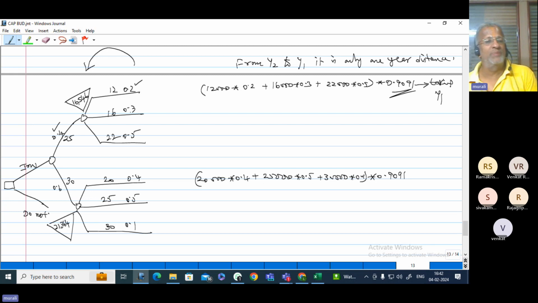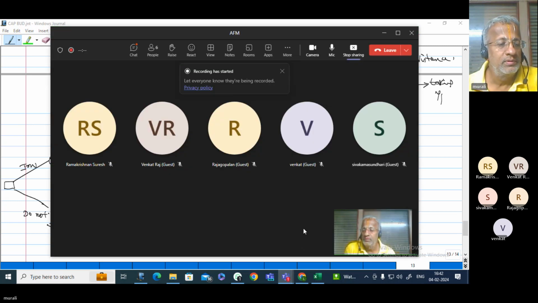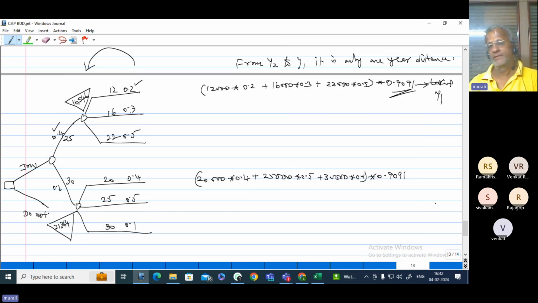Please confirm this. All of you. Ramakrishnan, Venkatraj, Rajagopalan, Venkat, and Shivagama Sundari. Please just confirm this.